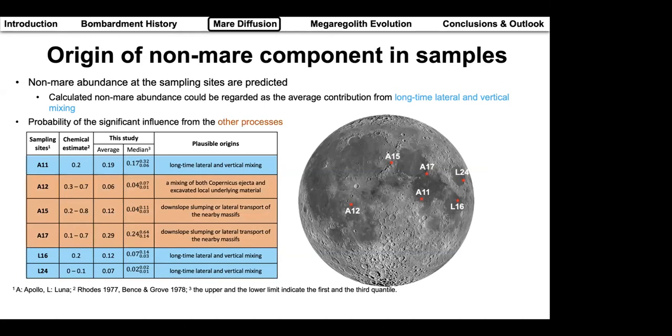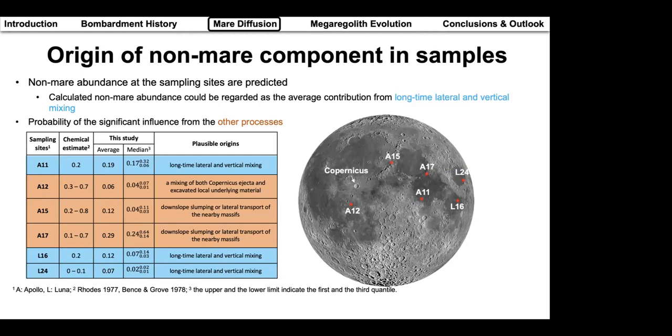It suggests that there must be some other process that plays a more important role in the mixture of non-marine materials. After observing the geologic context, we found that for Apollo 12, the Copernicus crater is very important. It may excavate a lot of non-marine materials underneath and transport them to the Apollo 12 sampling site.